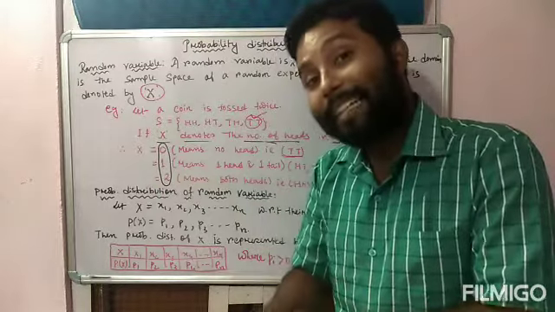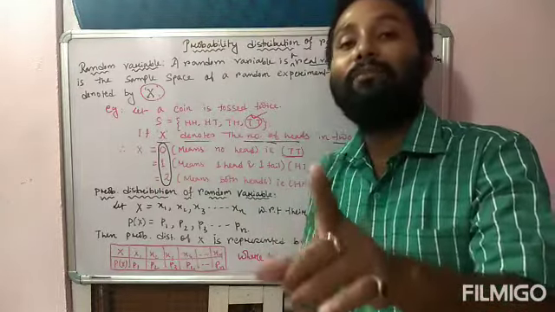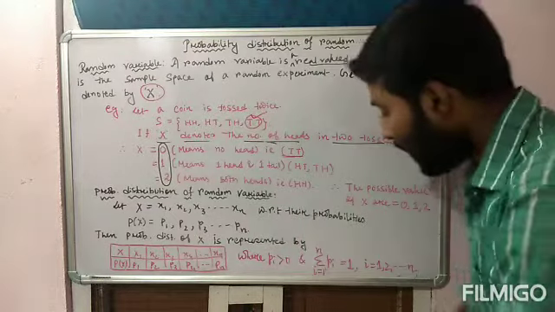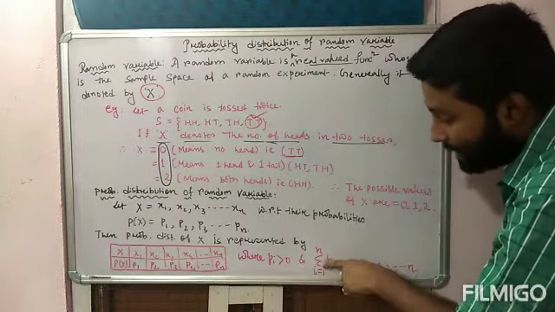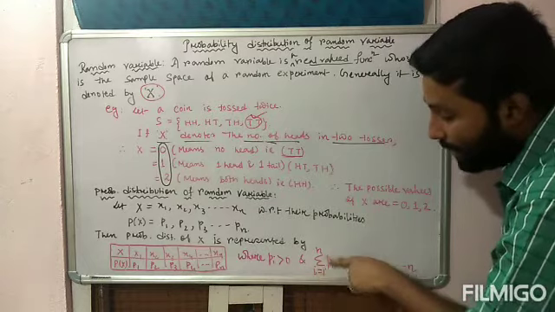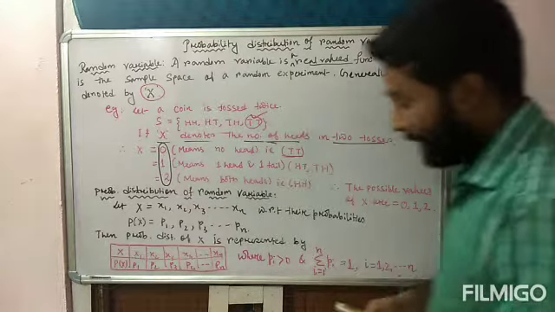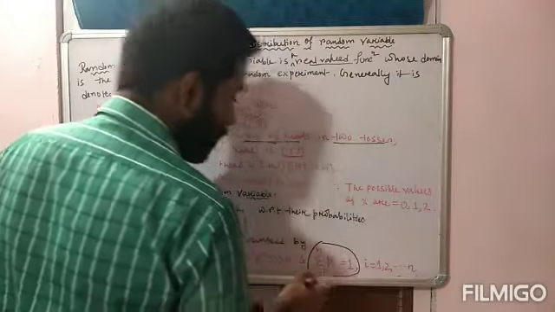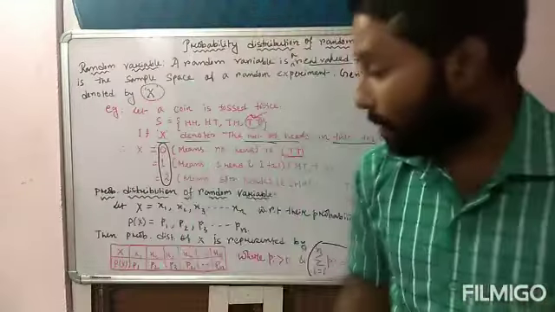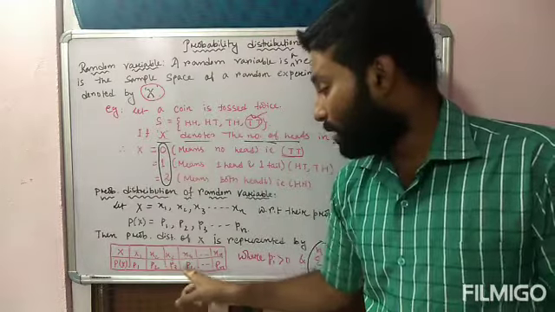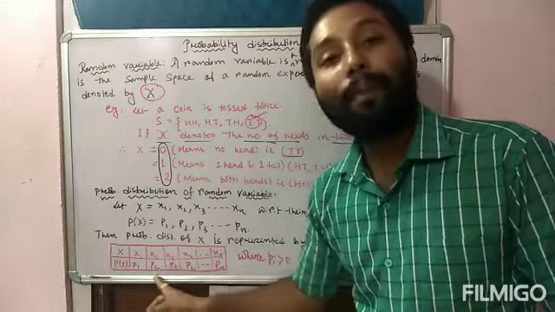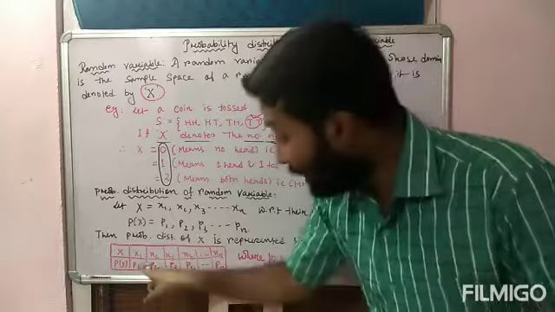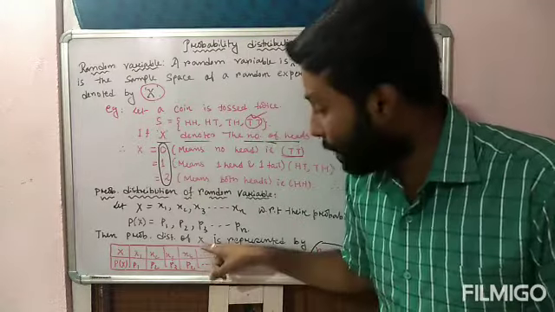If it is negative, then this will be invalid. Okay, where summation of pi from i equal to 1 to n is always equal to 1. This was told earlier also, and I am telling it today as well. Summation of pi means P1, P2, P3 up to Pn, meaning the whole probability distribution, only the lower part, not the upper part.